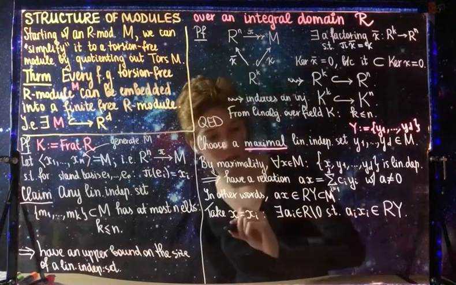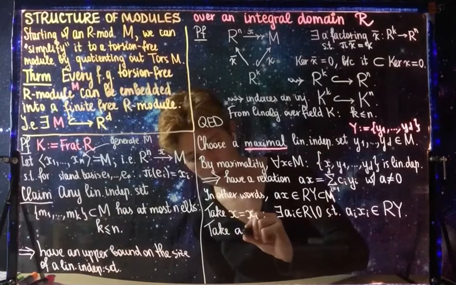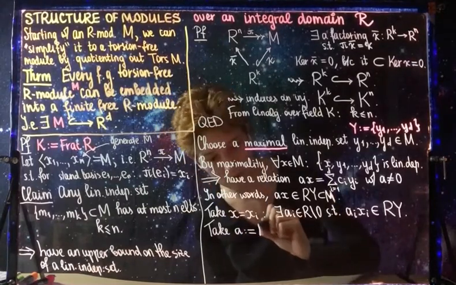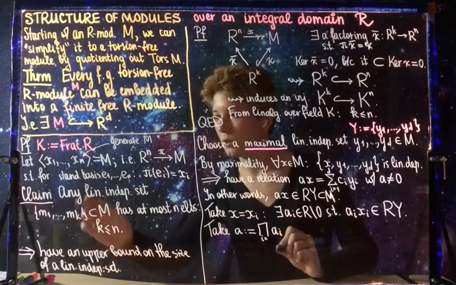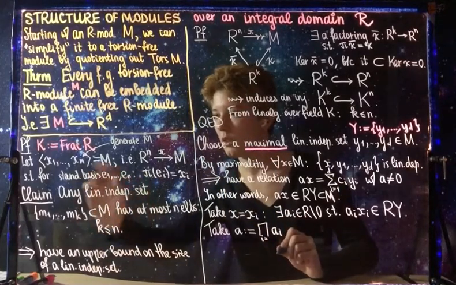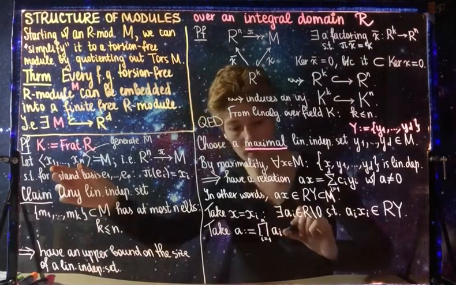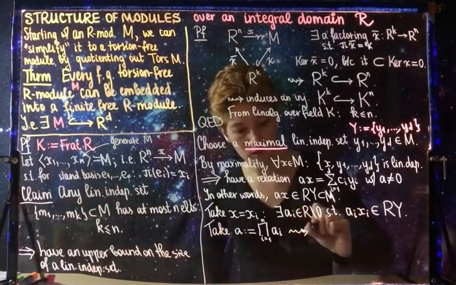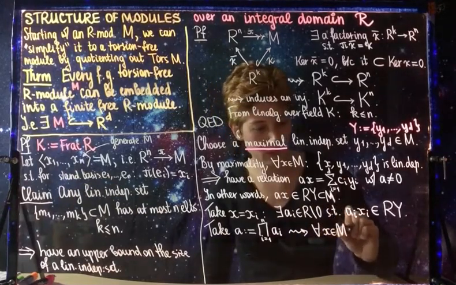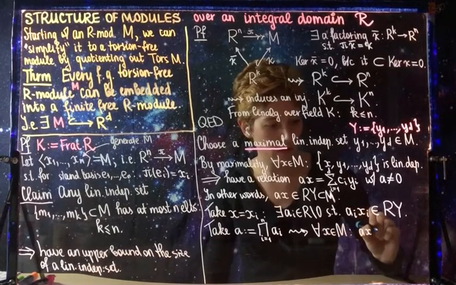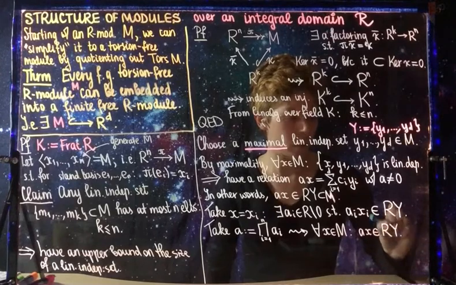And if I take a now to be the product of all ai's over the generating set of M from 1 to n, then for any element x in M, ax will be in the submodule generated by the yi's.